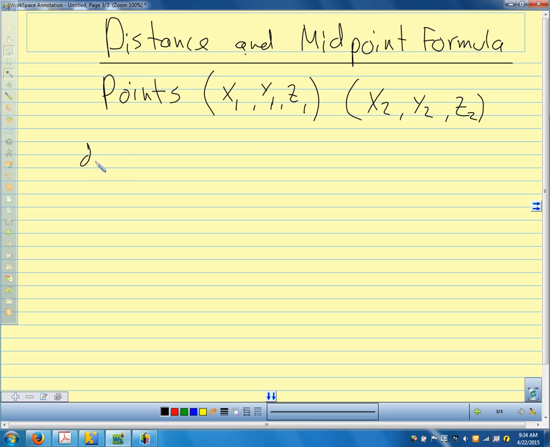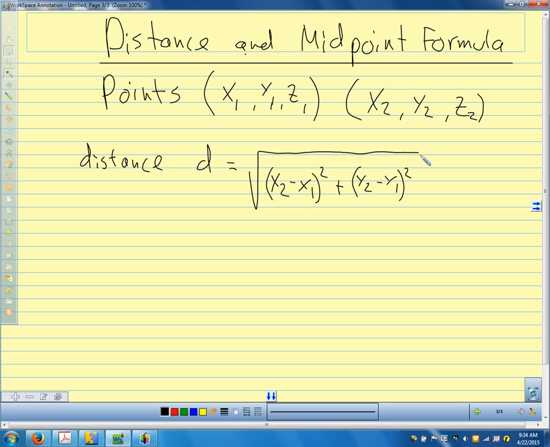Our distance between those points looks just like our distance formula in the plane. We just add another piece for the z part. Square root of x2 minus x1 squared plus y2 minus y1 squared plus z2 minus z1 squared.